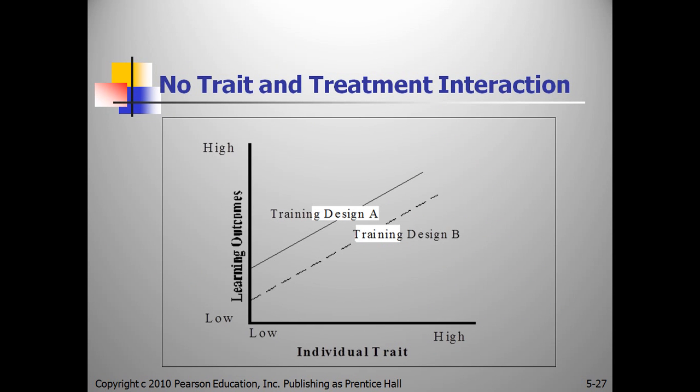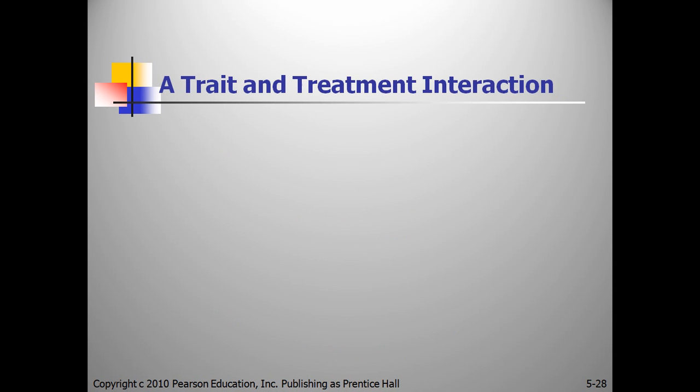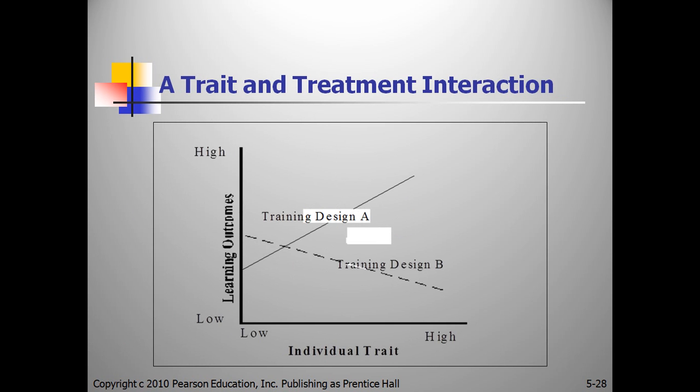Training can be designed in various ways. The trait and treatment interaction shows that one design is clearly a better choice. In this case, training design A gives higher or more desirable outcomes for individuals with low and high traits. However, there are times when differences in the benefits of training design options occur.